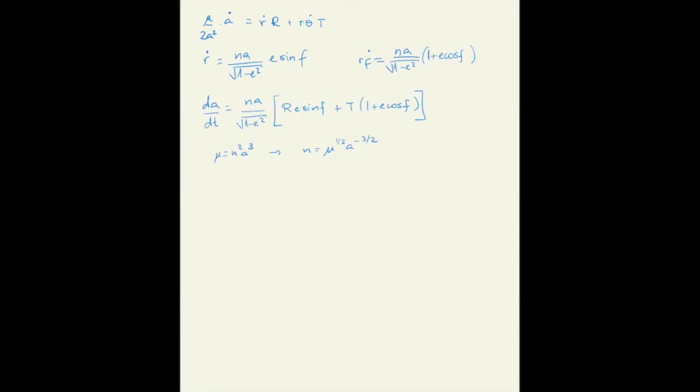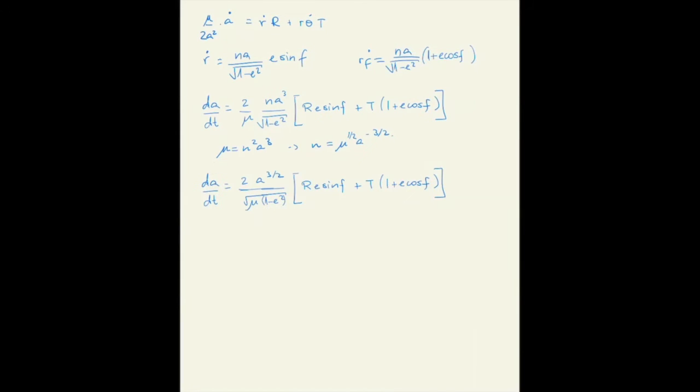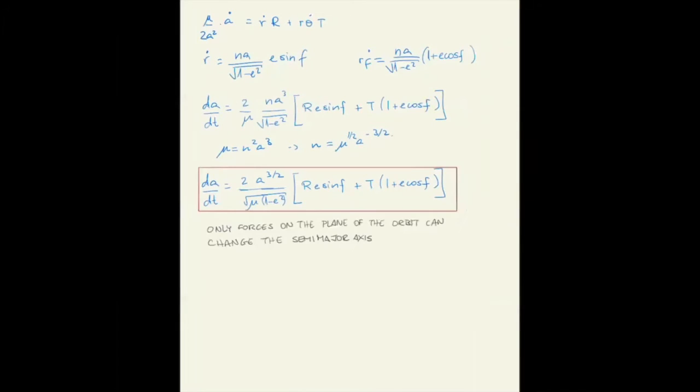Oh, and we forgot the mu over 2a squared in the upper equation relating a dot and r dot R plus r theta dot T. Reinstating that, we can see from this equation that only forces in the plane of the orbit can change the semi-major axis.